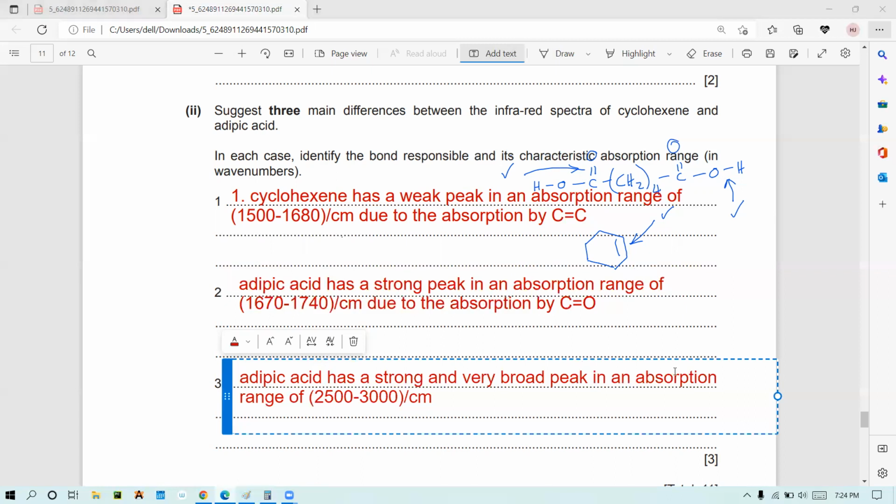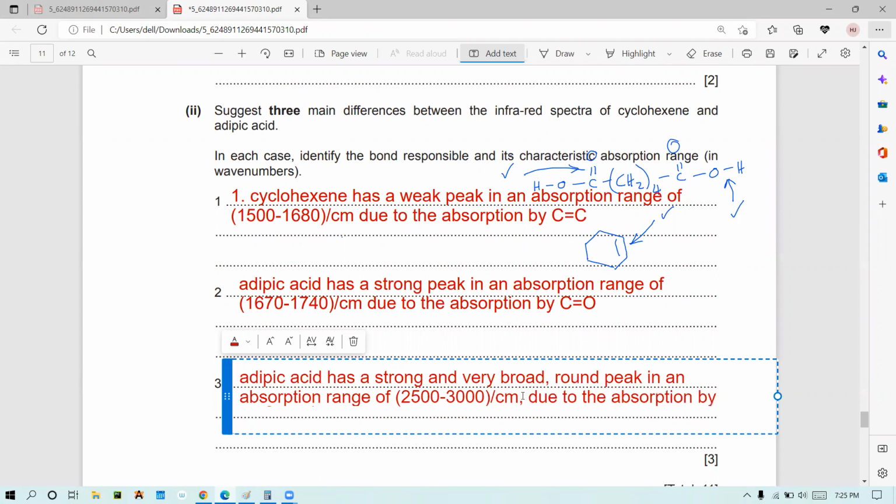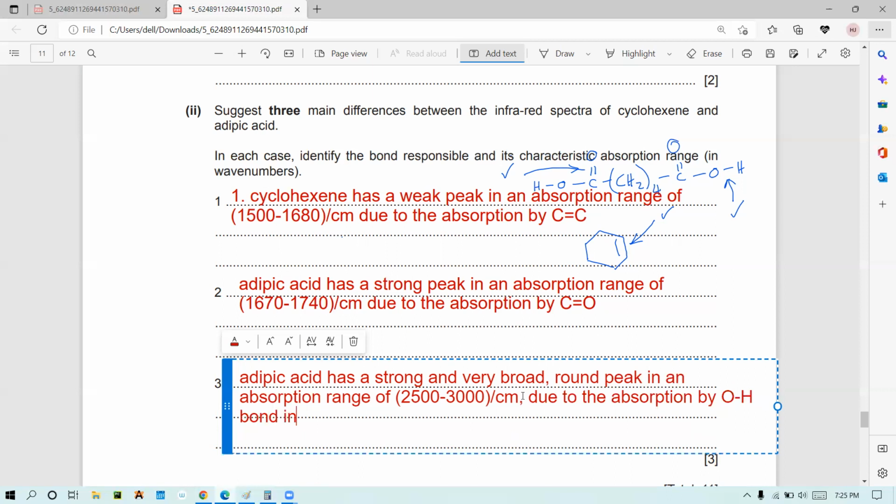Adipic acid has a very strong and very broad round peak in an absorption range, 2,500 to 3,000, due to the absorption by OH bond in COOH group.